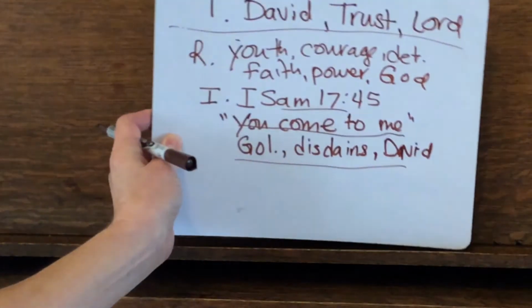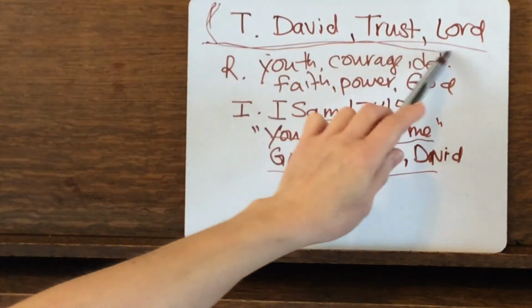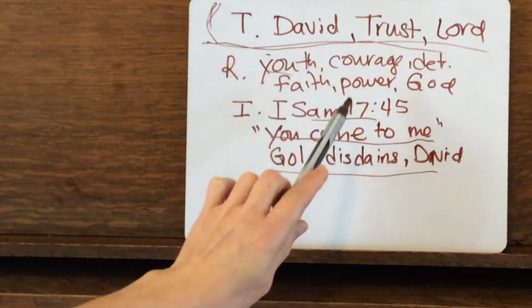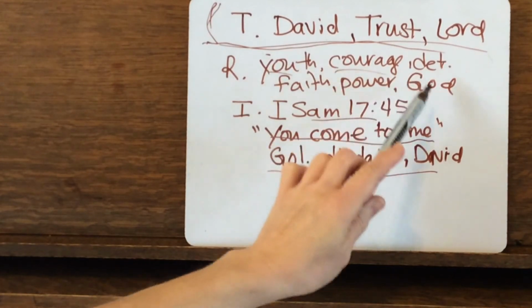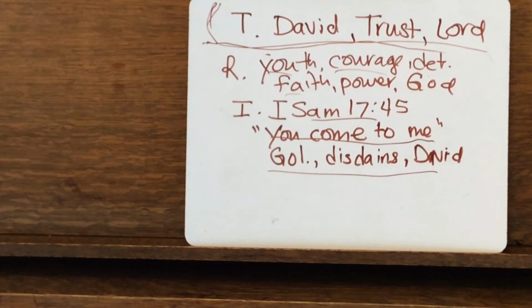He had faith in the power of God. So I restricted this topic, because you could go a lot of places with this, down to when he was young, God gave him courage. He was determined. He had faith in the power of who God was. I restricted it. Then I go in and I have my analysis of it, and I have my clincher.